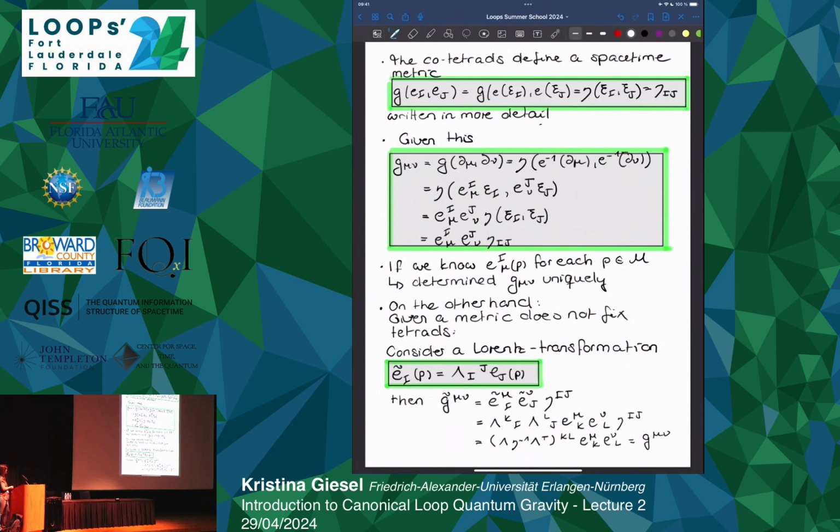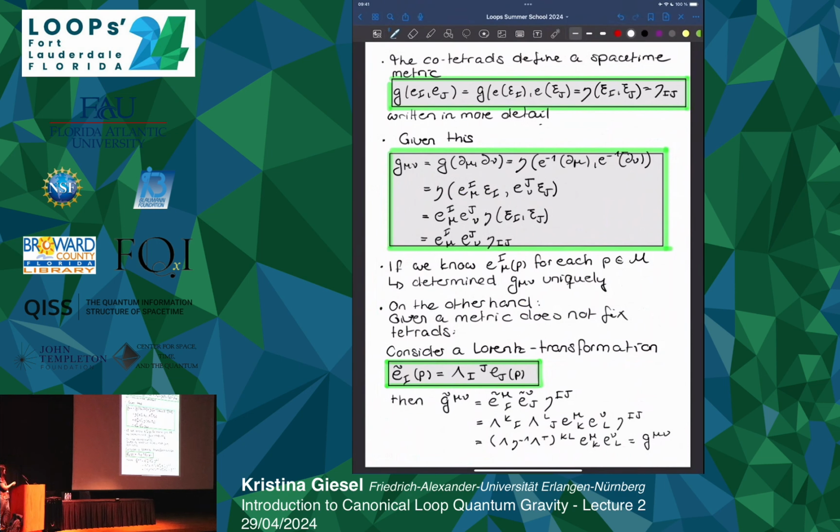And this means that we can express the degrees of freedom sitting in the four-dimensional metric also in terms of the cotetrads. And given this relation between the metric that we started with, formulated now in terms of cotetrad degrees of freedom, we can ask whether this relation is in a sense unique.